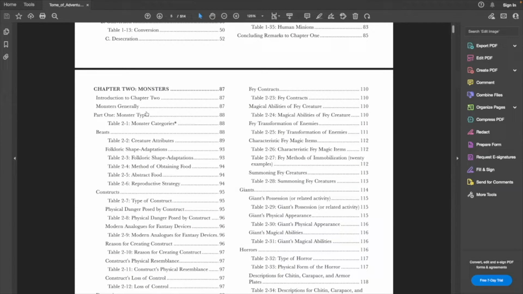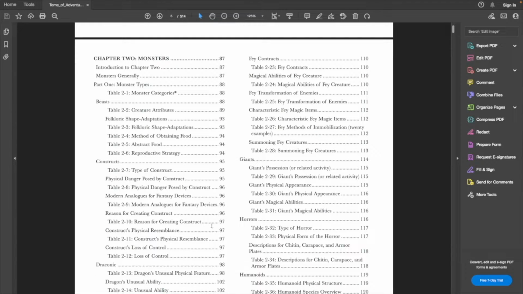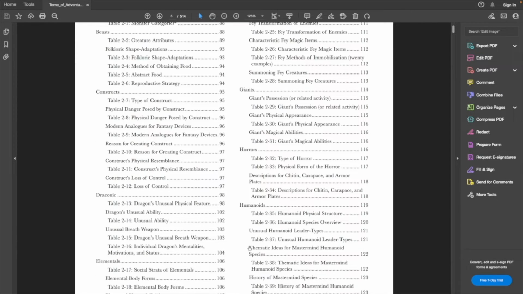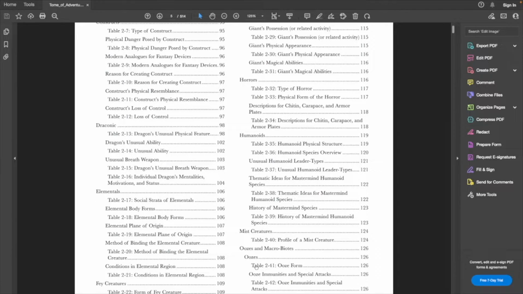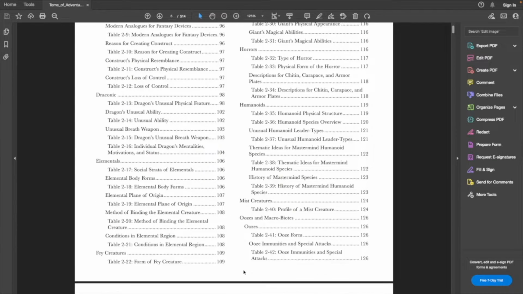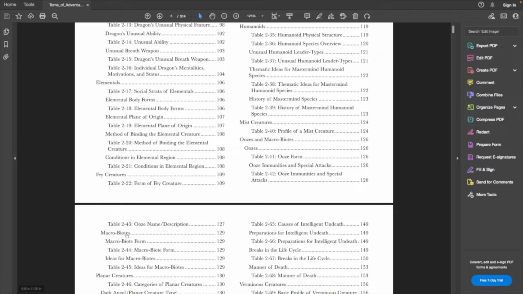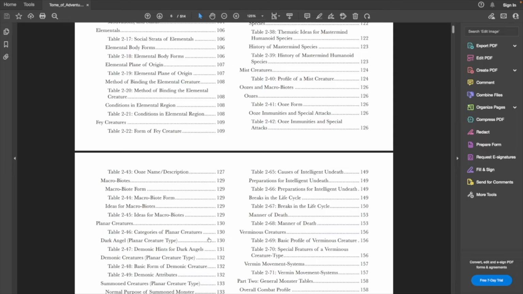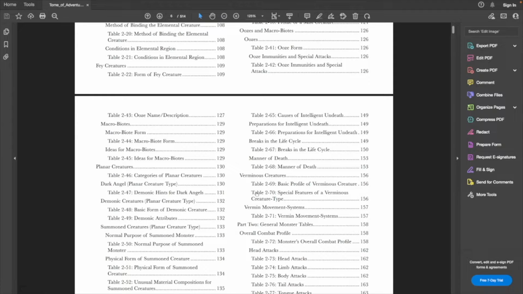And here we focus on creating monsters, monster categories. So part 1 of chapter 2 is monster types, including monster categories. So we have beasts, constructs, giants, draconic dragons, horrors, humanoids, elementals, mist creatures, oozes, fey creatures, macrobiotes, okay, planar creatures, and verminous creatures.